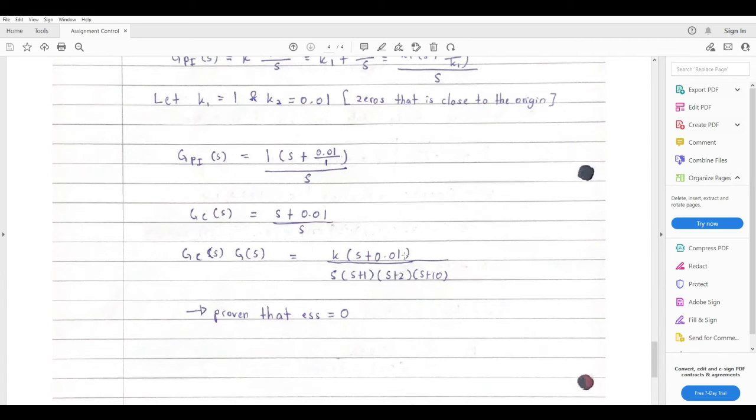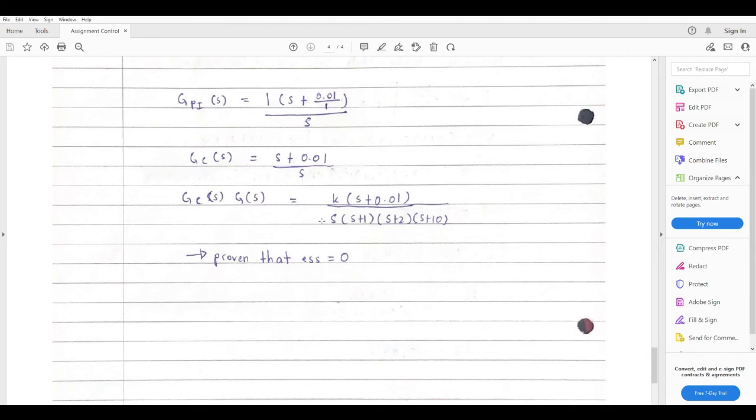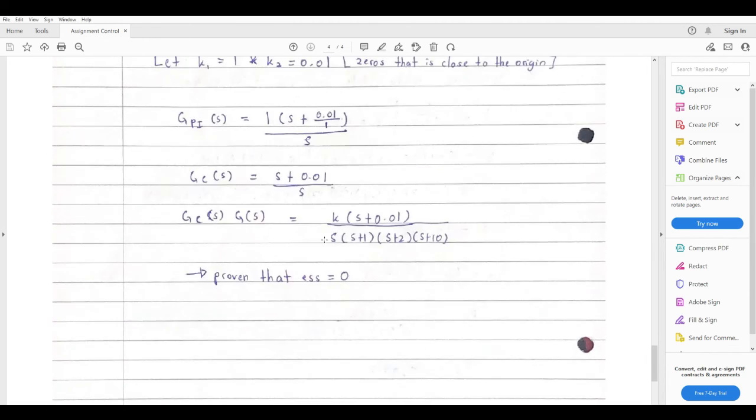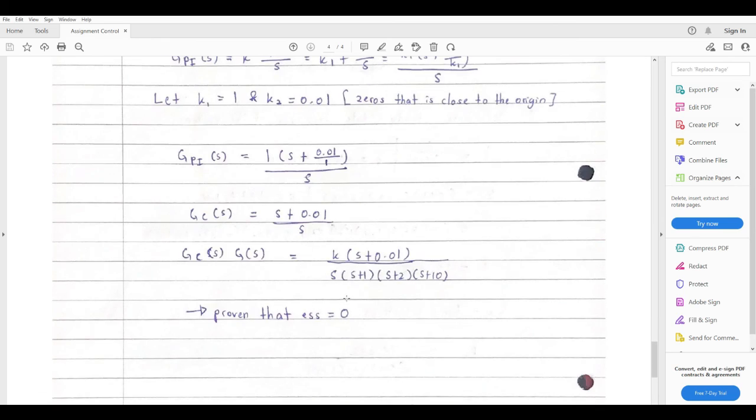For the one we got just now, S plus 1 bracket S plus 2 bracket S plus 10. So after we calculate, we will get that proof that the ESS for the steady state error is proven to be equal to 0.